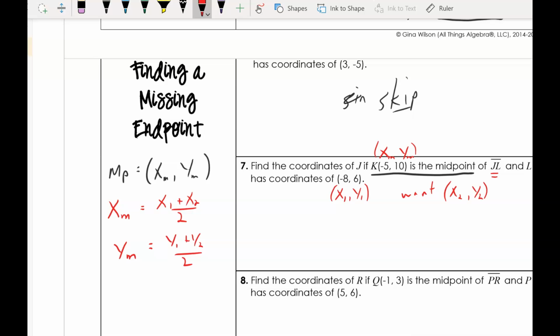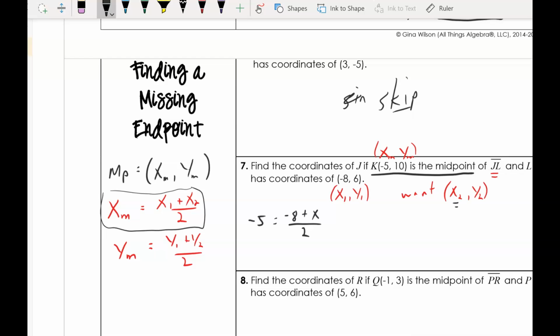First we're going to find our x2 using the x part of the formula. So we have our xm is -5, our x1 is -8, and we're looking for that. We're just going to call it x because it's our only variable now, and this is a 2. And we just need to solve that equation.